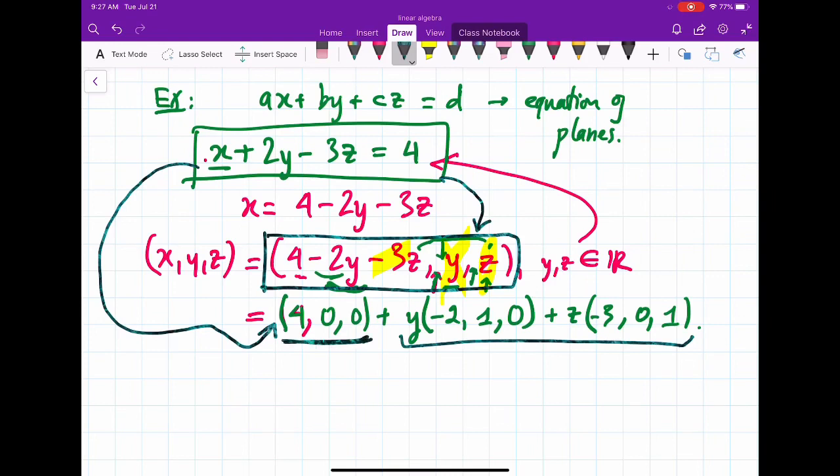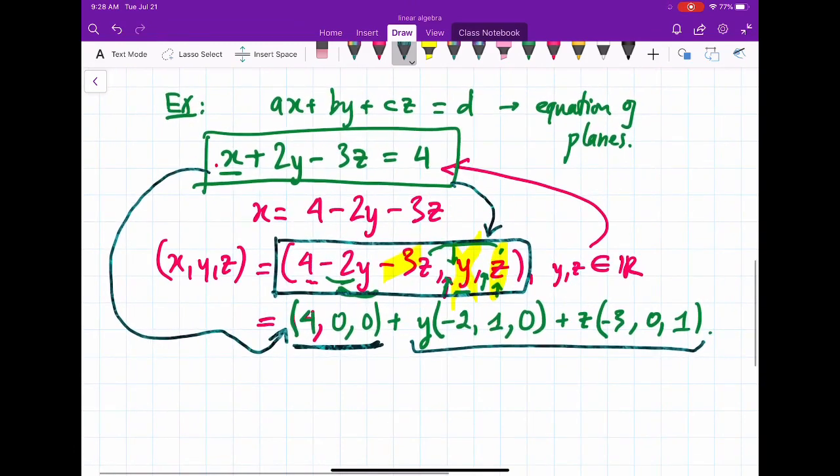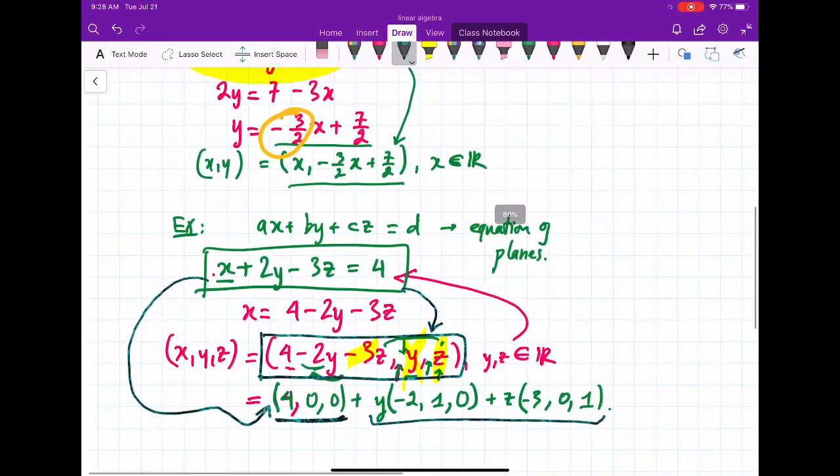That is quite interesting. You see that? We will study in detail about linear combinations, everything else. But sometimes we can describe a general solution of some linear equations like this. Make sense?